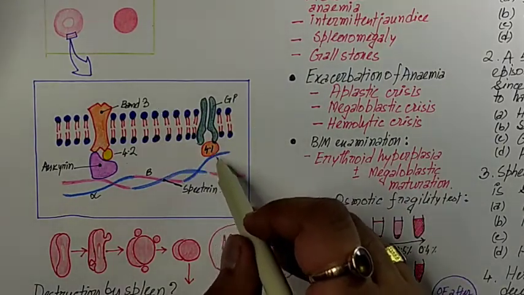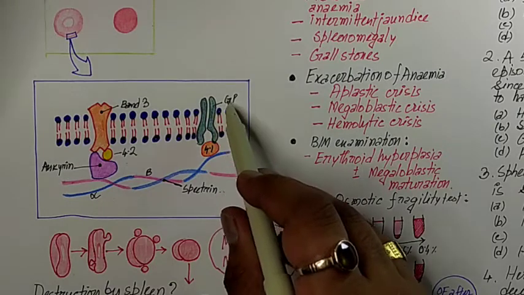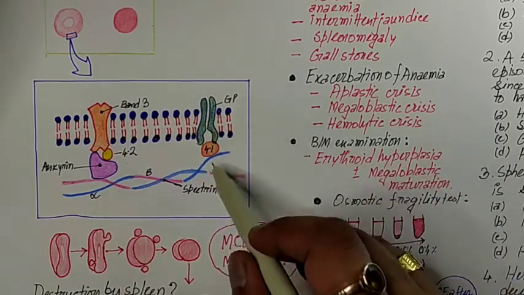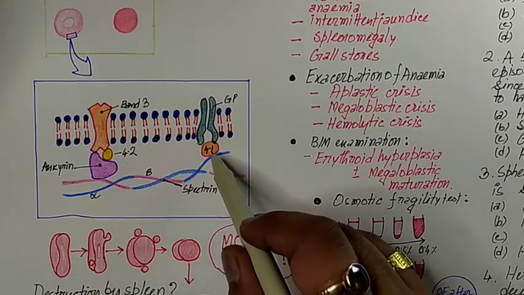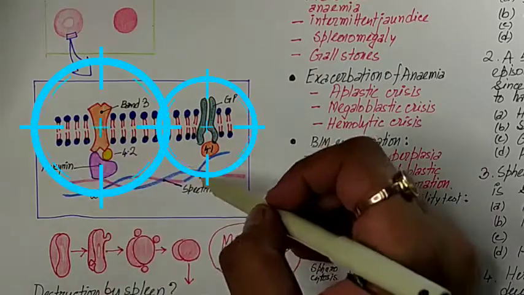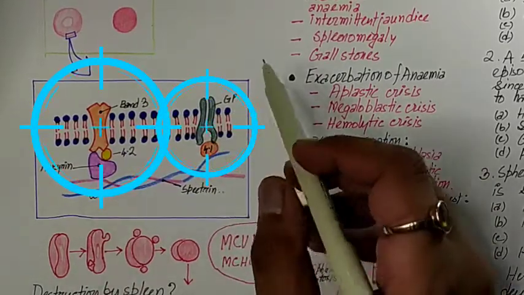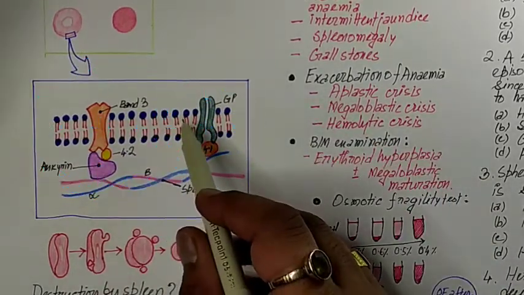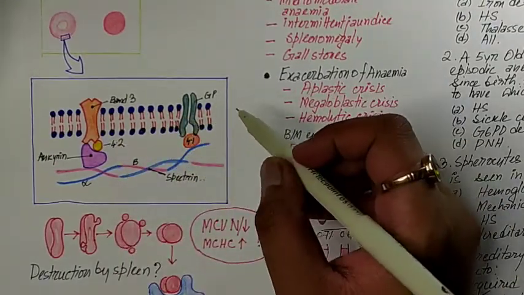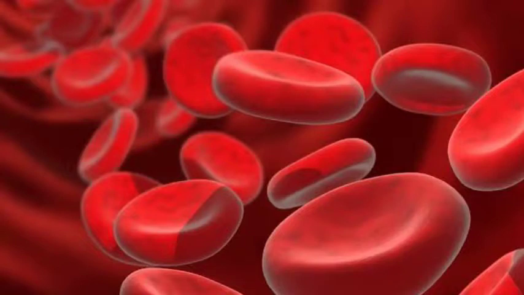There is presence of glycophorin C, a transmembrane protein, and it is attached with the spectrin with the help of protein 4.1. So these two are the anchorage points of the cytoskeleton with the RBC membrane, and this anchoring helps to maintain the biconcave shape of RBC.